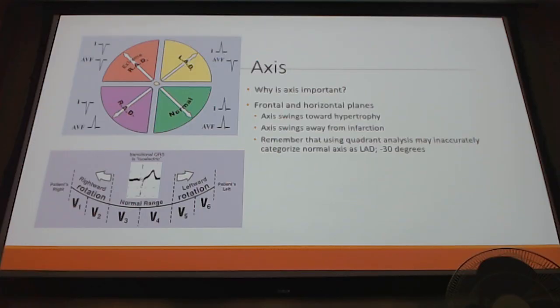Axis deviation, I'm not going to ask you guys what axis this is on there, but it's important to conceptualize it when you think about wherever they took the hit in the heart. Whatever the abnormality, if they have hypertrophy, you may see your axis swing towards it, infarction away from it.